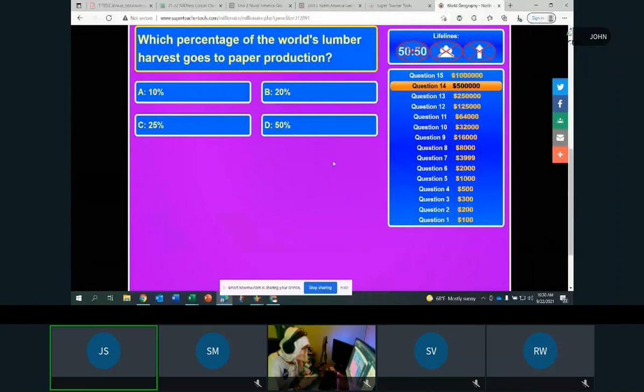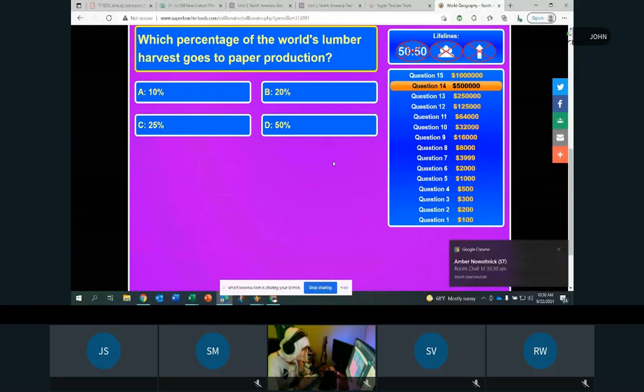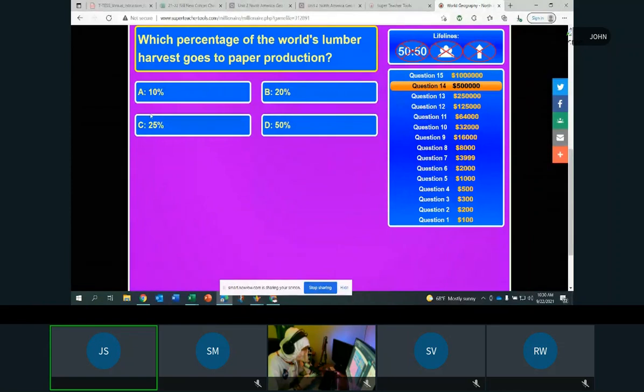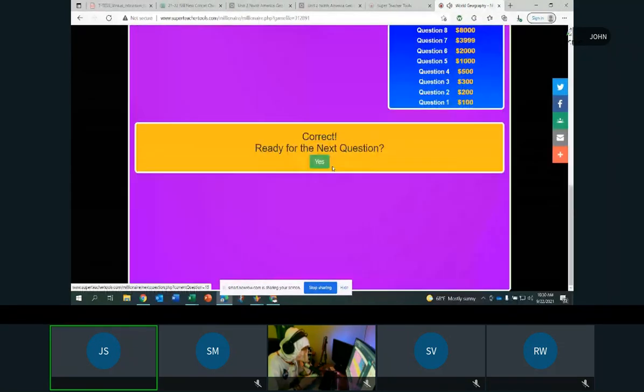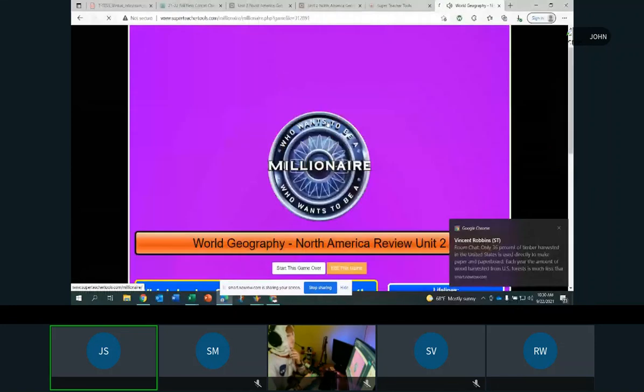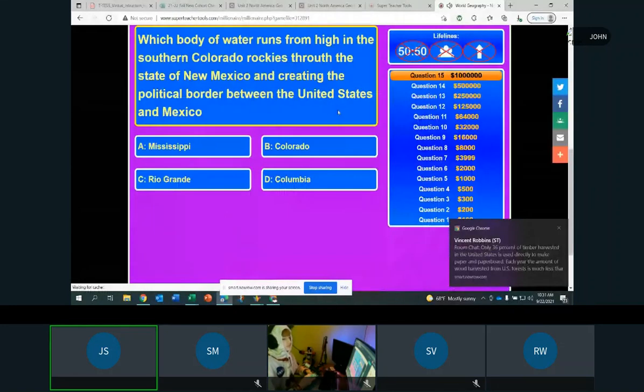Which one do you think it is, guys? I'm going to go with C. Let's see if C is the right answer. And it is. 25% of our lumber in North America goes to paper. We could get $1 million.